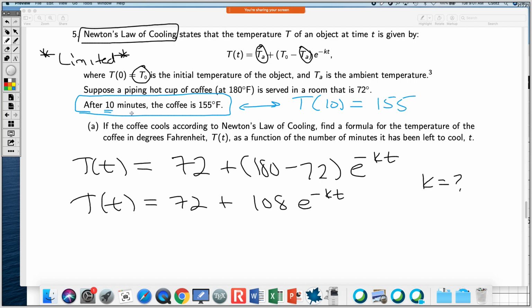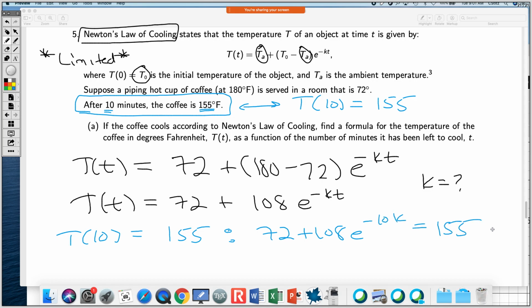The input here is time. The output here is temperature of the coffee. So using that, T of 10 is 155. I can take this expression and plug in 10, and get my equation, 155.